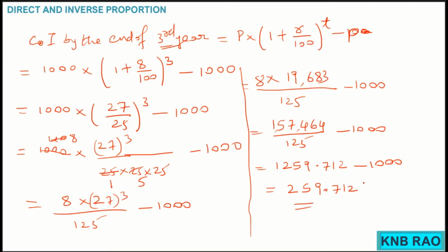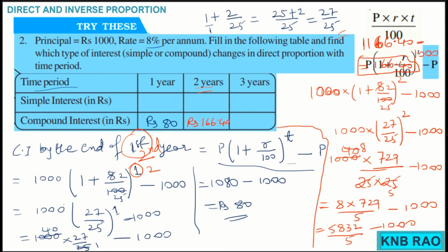So this is the value by the end of the third year. Now going back, we will write here 259.712.